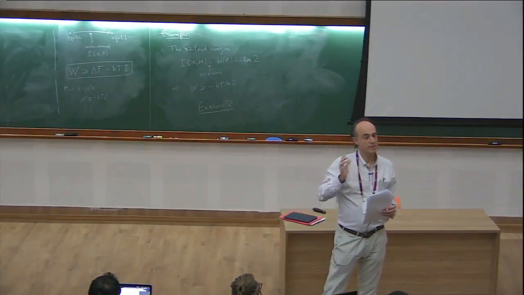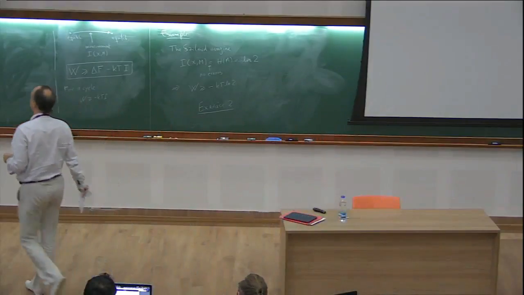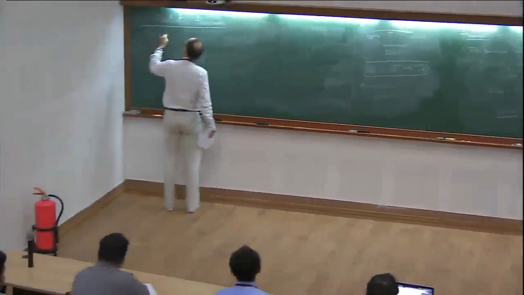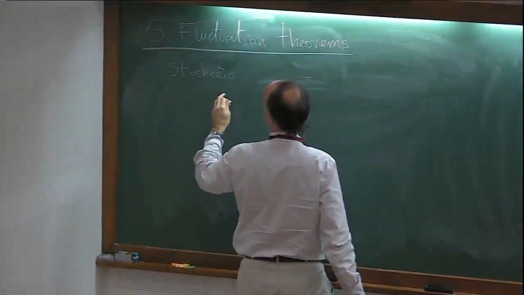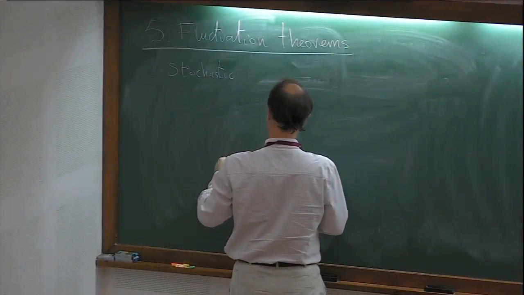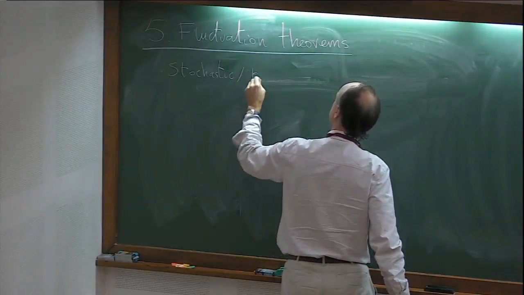So we have stochastic values for heat and work, and this is the definition of stochastic, or sometimes they are called trajectory values as well.